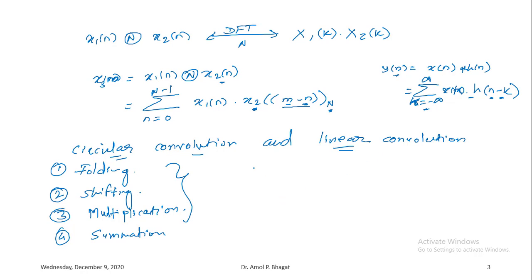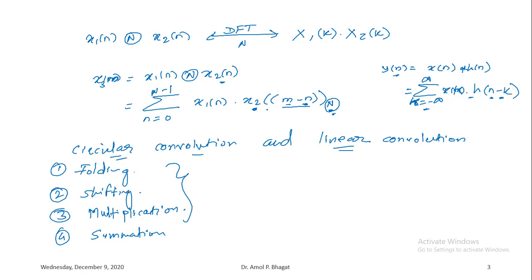The difference between these two types of convolution, circular convolution and linear convolution, is that in circular convolution the folding and shifting operations are performed in circular fashion by computing the index of one of the sequences modulo N. So this capital N parameter plays the role of performing these circular folding and shifting operations.